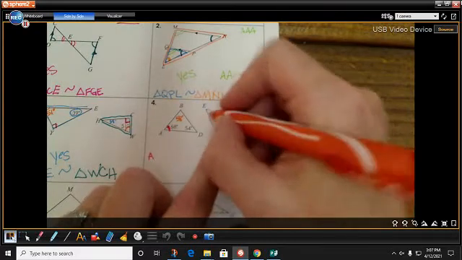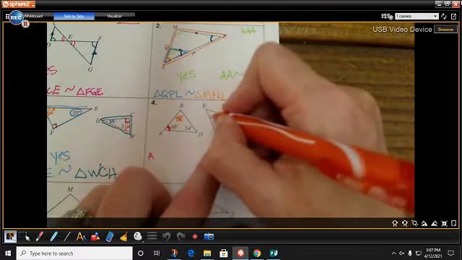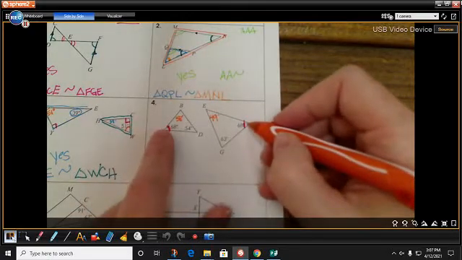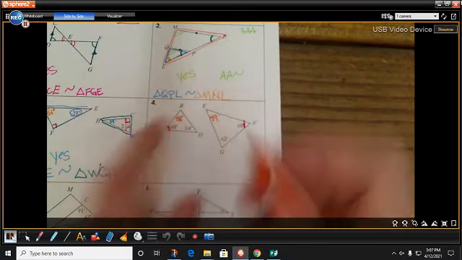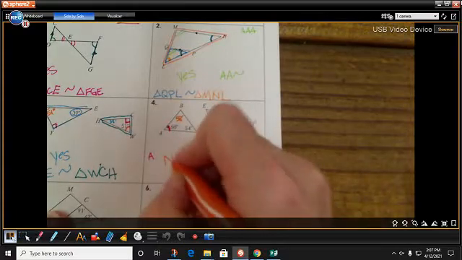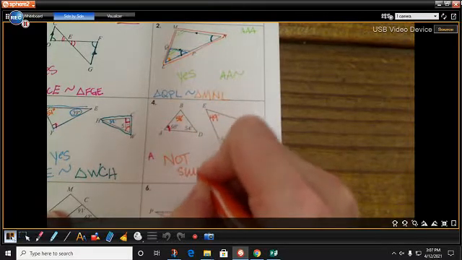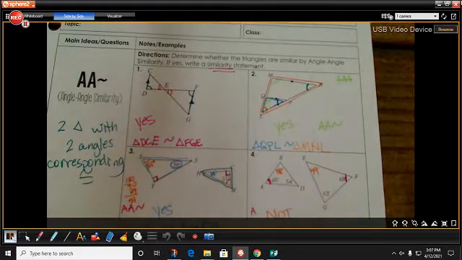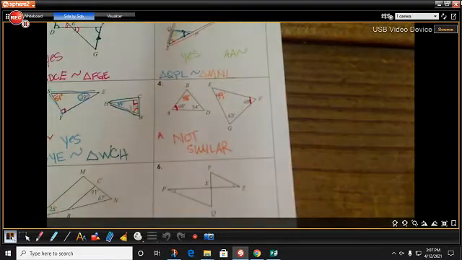When I subtract these from 180, this comes out to be 49 degrees. So although I have one set of angles congruent, the other ones are not congruent. So no, these are not similar because I do not have 2 sets of angles congruent to make them be similar.